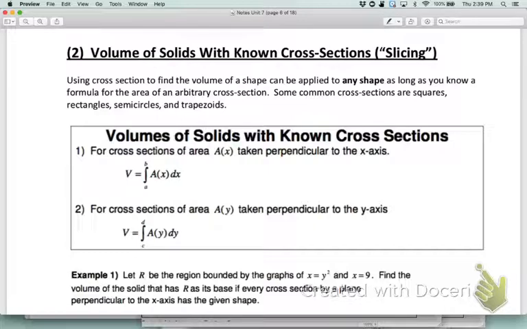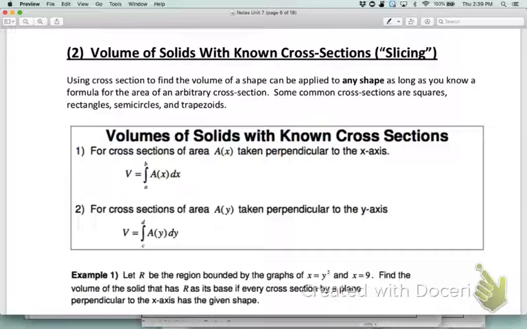That idea of slices of bread, essentially, is how we're going to find volumes of solids with known cross-sections, meaning their cross-sections are going to be something that we can determine the area of.